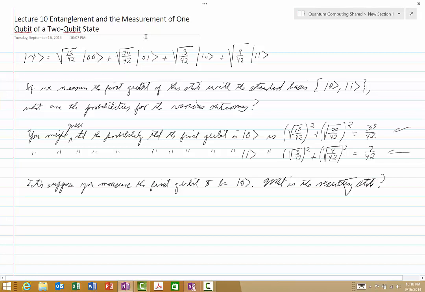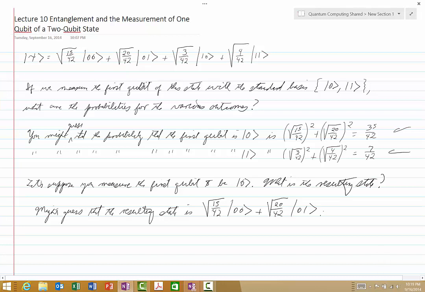So you might guess that the resulting state is the square root of 15 over 42, |00>, plus the square root of 20 over 42, |01>.